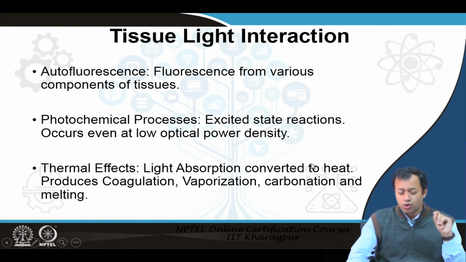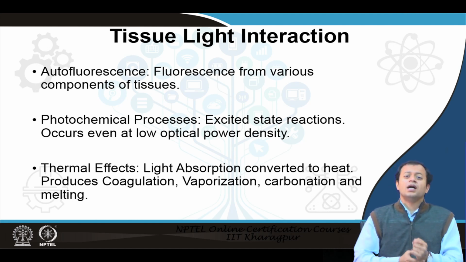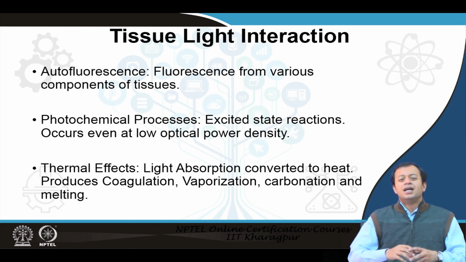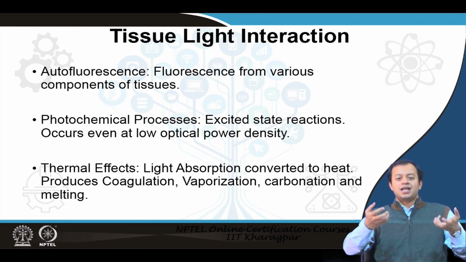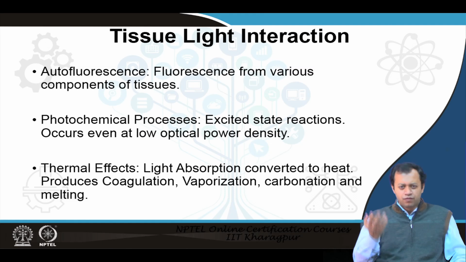Carbonization. Carbonization usually happens at 150 degrees Celsius. This is where other molecular compounds simply break away and the tissue is charred, the tissue becomes black, that very hard black surface. It usually happens when we burn food.